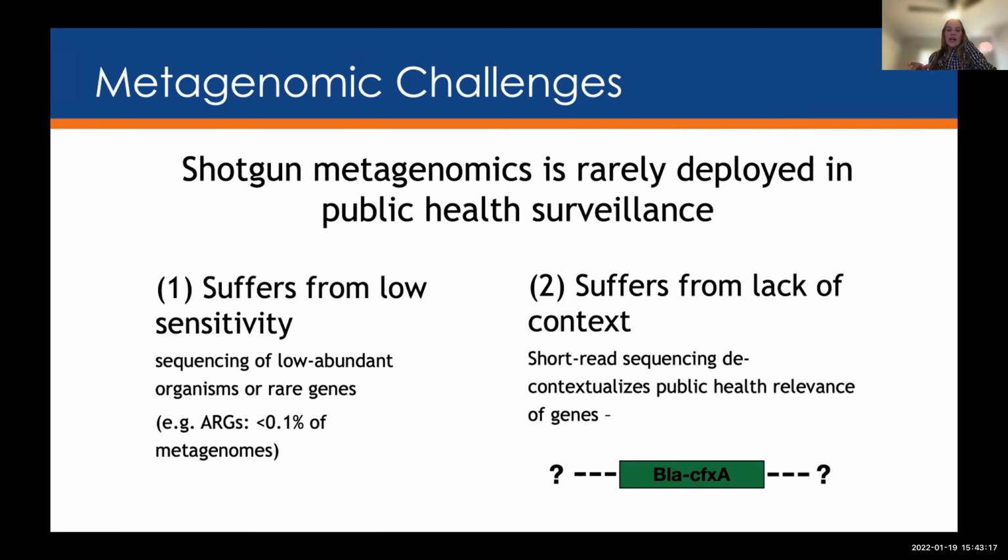The context of where these genes occur, i.e. in which chromosomal DNA or which plasmid, has a public health outcome. Trying to reconstruct where these genes occur is very challenging from shotgun metagenomics.